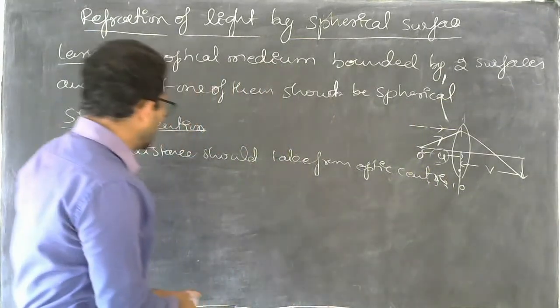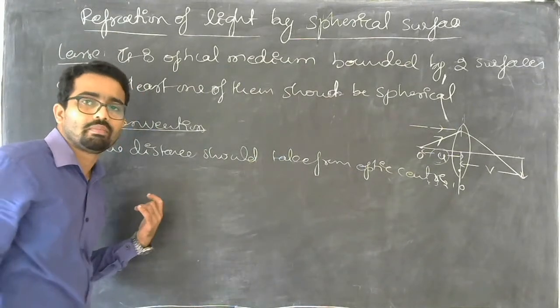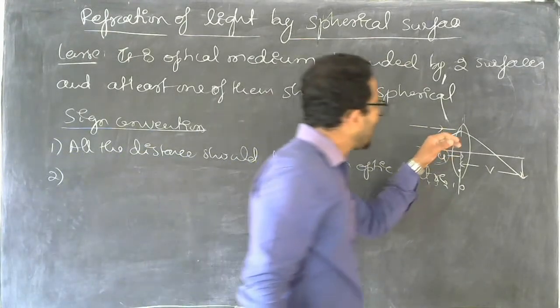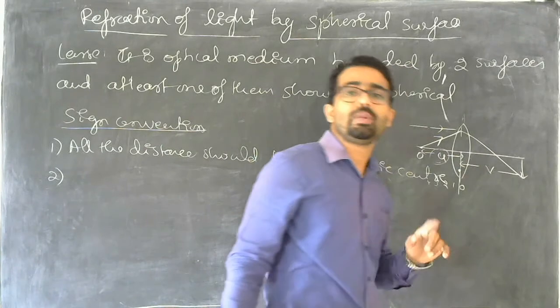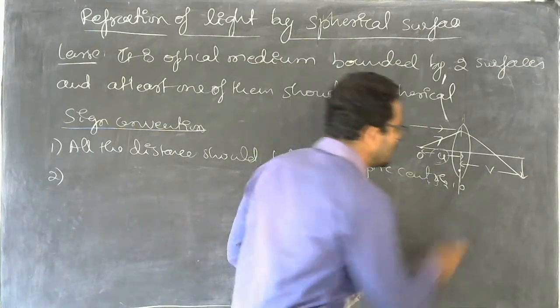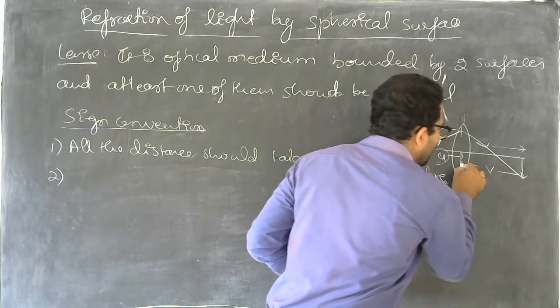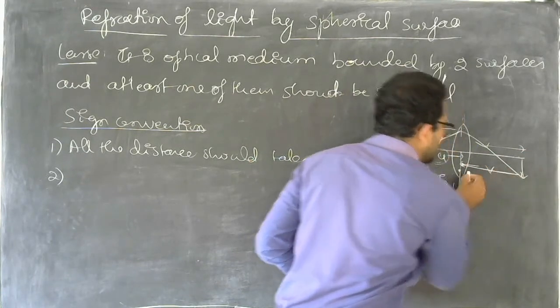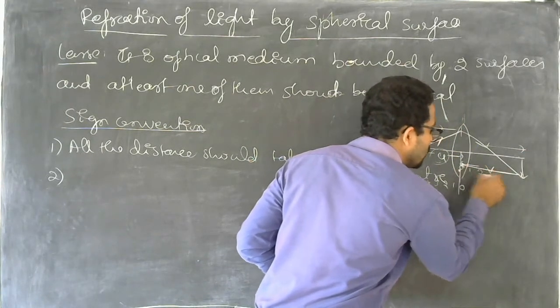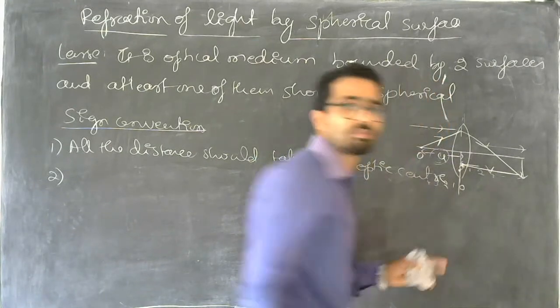So a distance measured in the direction of light should be taken as positive. Light is going in this direction, and V is measured in this direction itself. So this is 0, 1, 2, 3, 4, and it increases.